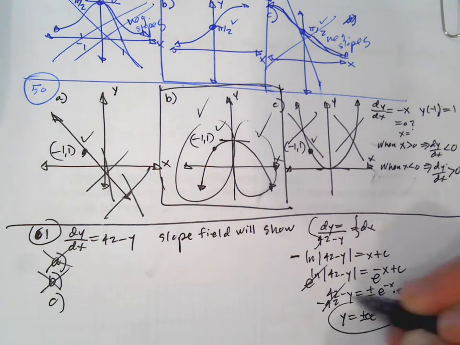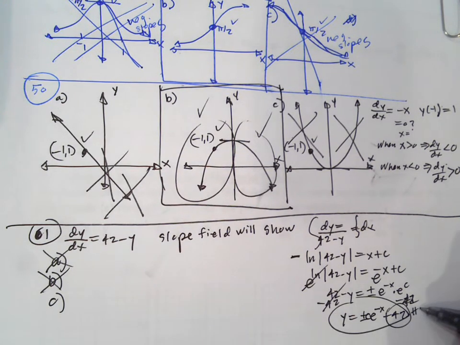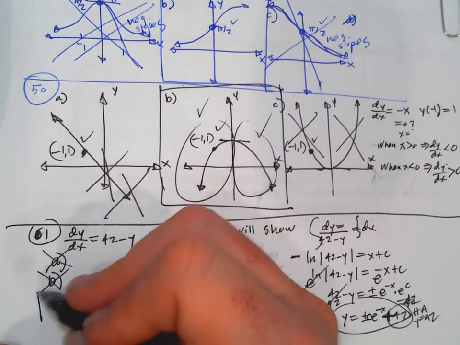So this one has a horizontal asymptote at 42. And that's what they're saying, at y equals 42, positive 42 as a horizontal asymptote. So the answer is C.